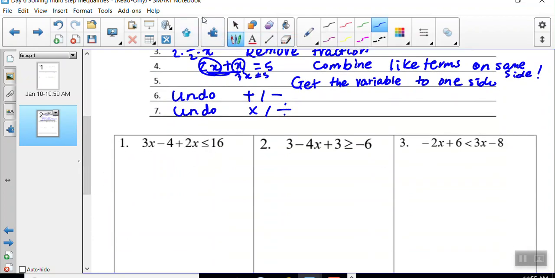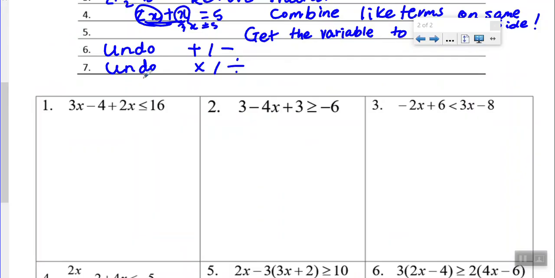So let's go over them. Okay, so 3x and 2x are like terms on the same side. They are on the left side, so you can combine them. So 3x plus 2x is 5x. And then the rest of the inequality you just bring down. You have negative 4 less than or equal to 16.